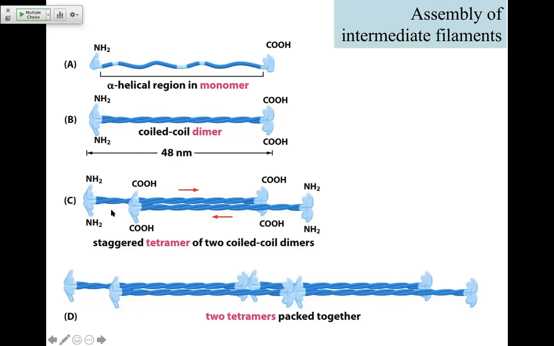Notice that in the tetramers, one dimer is oriented in the opposite direction to another dimer, with their amino terminus facing the ends. And then these tetramers will assemble with another tetramer in this stereotypical arrangement. And that's essentially one fiber of this filament.